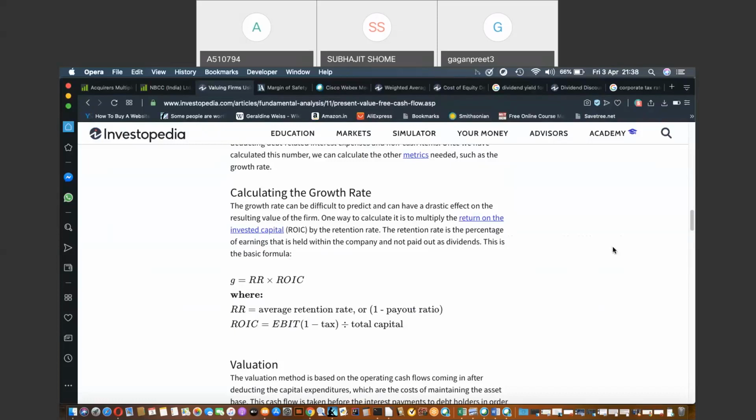Okay. So now we come to the second part of the equation. We calculate growth rate. For growth rate, we need to know the retention ratio, and we need to multiply that with return on invested capital. So retention ratio is equal to 1 minus dividend payout ratio, dividend yield basically.